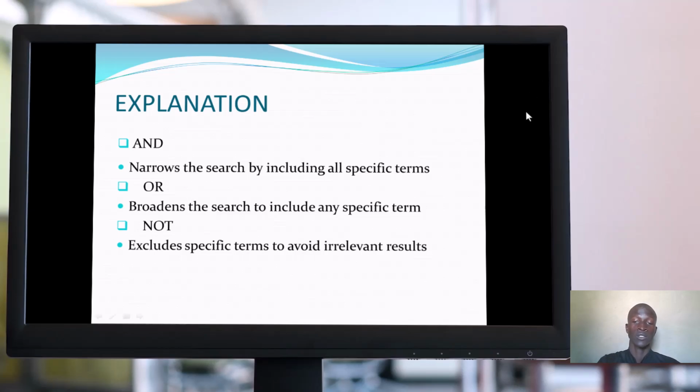Also, we have NOT, which is going to exclude certain words from our search. Example, when we have mobile money transfer NOT bank, we're going to find the results about mobile money transfer, but it will exclude any result that may mention bank.